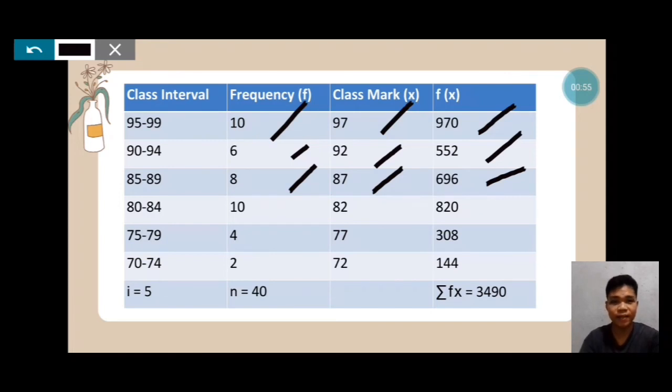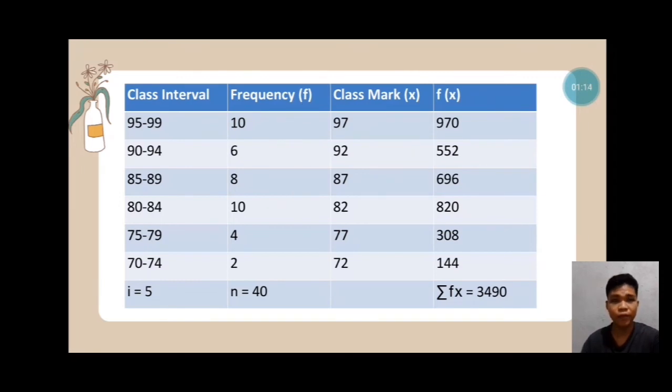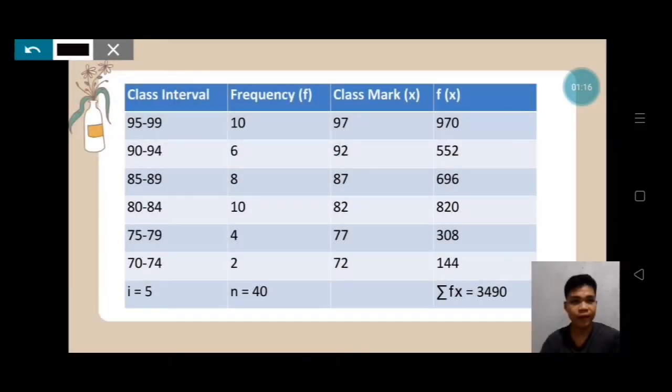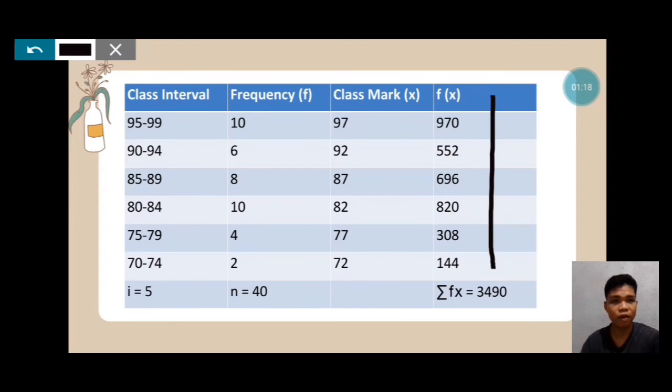Same process to the other data. And if we add all the data in this column, we can get the value of 3,490.